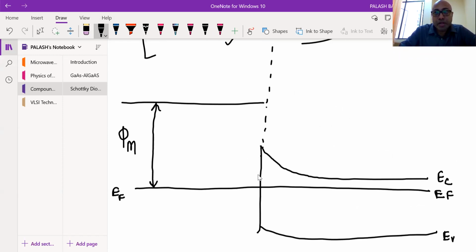Similarly, chi, the electron affinity, is also constant. Now you see your conduction band has moved down.